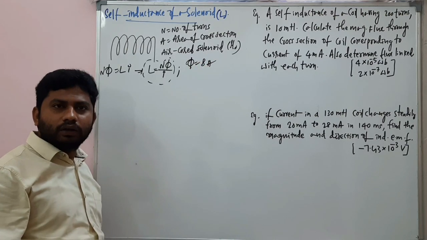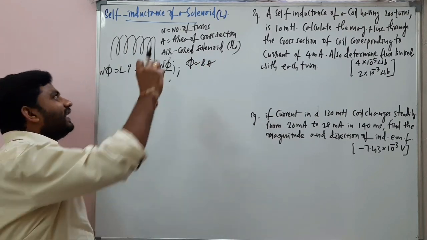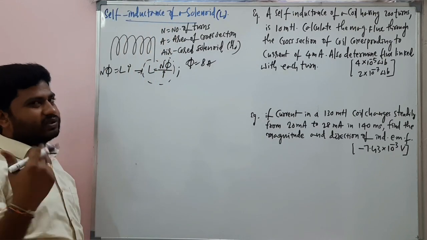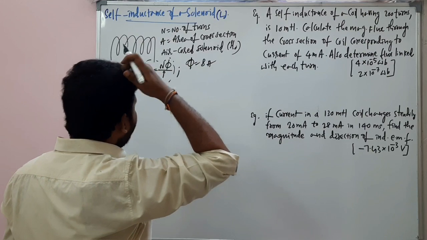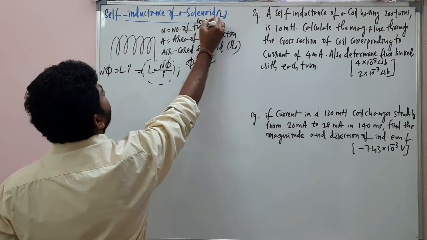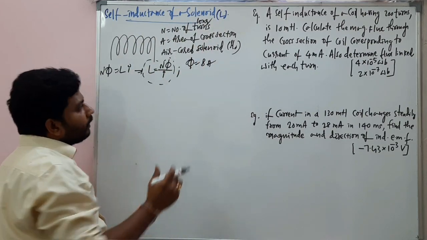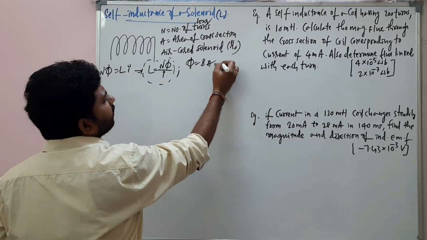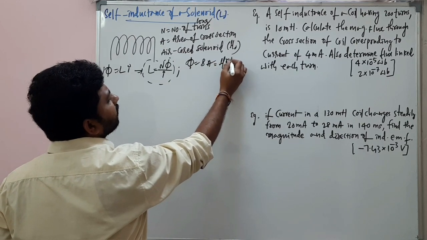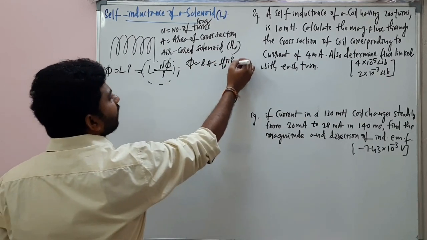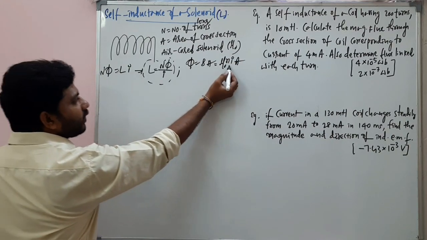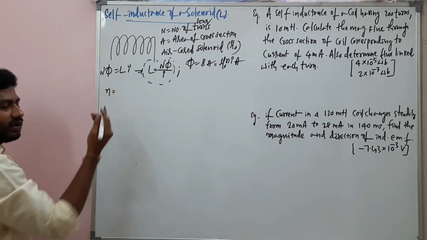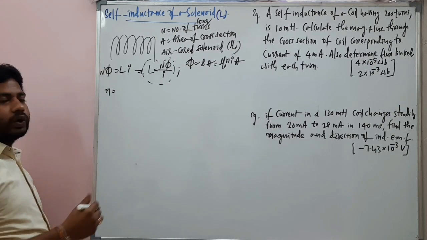So what is B? The magnetic field inside the solenoid. Outside the solenoid, the magnetic field is 0, as this is a long solenoid, practically infinite. The magnetic field inside the solenoid is mu naught n into I, and the area of cross section is A. Listen carefully, what is the small n? I hope you remember the concept of the solenoid.